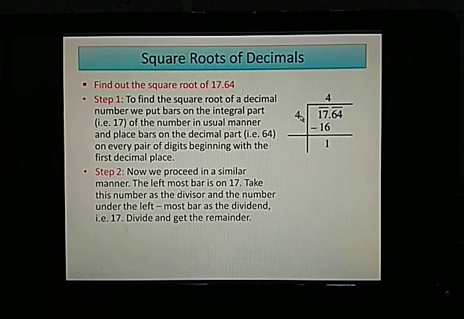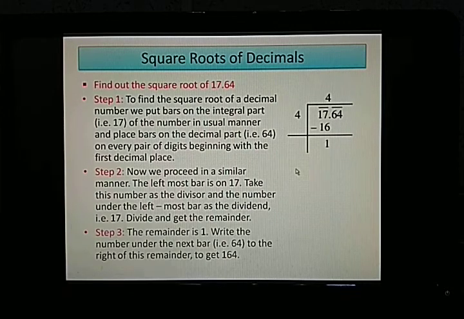Now we have to write a number whose square is less than or equal to 17. So obviously that is 4. 4 into 4 gives us 16, and then the remainder is 1. Now in the next step, we bring down this 64 together. Then what we get is 164.